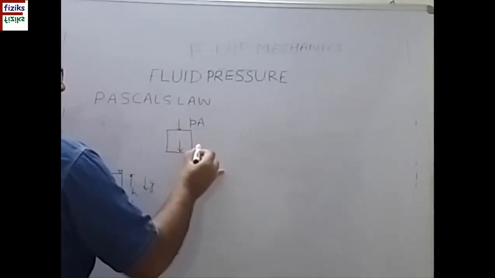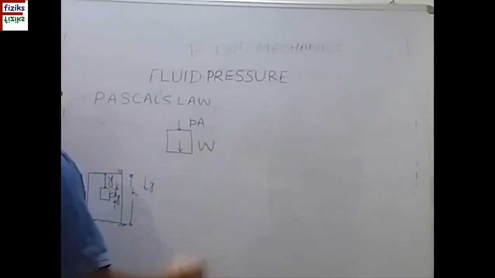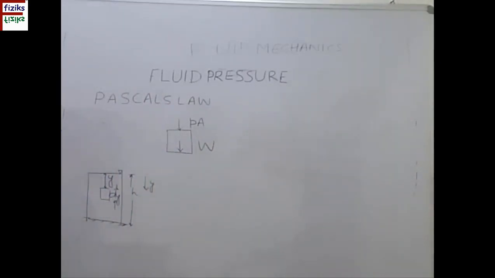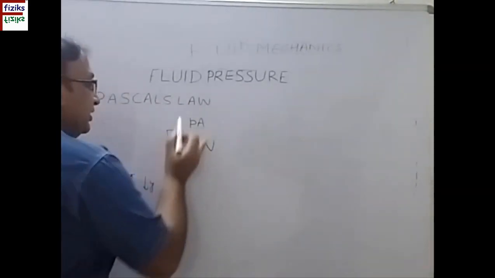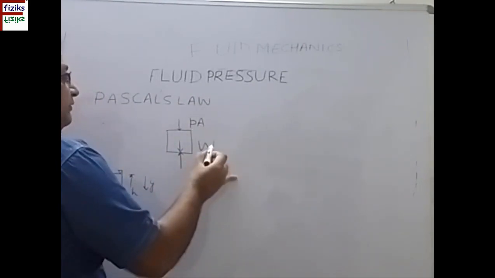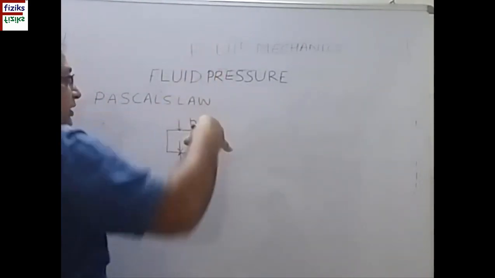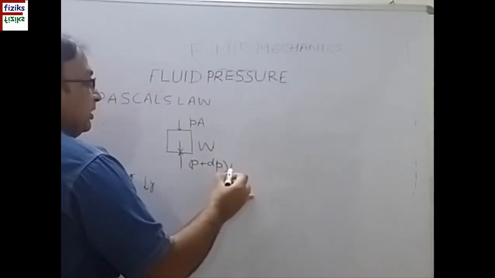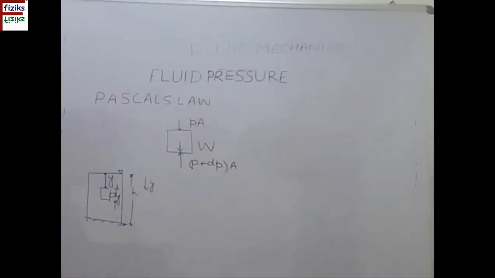Its weight is acting in downward direction, and this is pressing the fluid below this. So the fluid will be applying a force as a reaction in the upward direction. Suppose the change in pressure here is, as we know that pressure increases as we move in downward direction, P plus dP is the pressure multiplied by area of cross section.